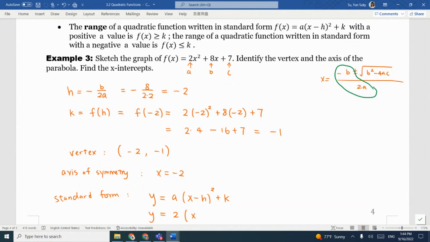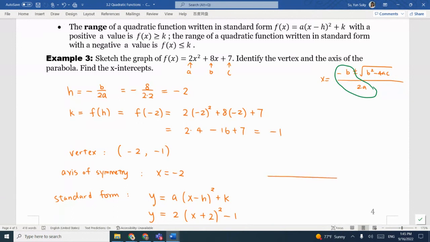What is negative h? Negative h is negative 2, so h is 2... so plus 2 squared, and k is negative 1. So this is the standard form, okay?